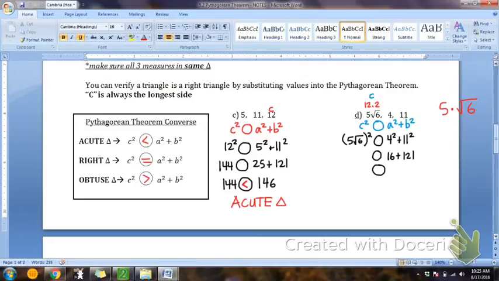What is 16 plus 121? 137? Okay, now the question is, how do we do 5 radical 6 times 5 radical 6?